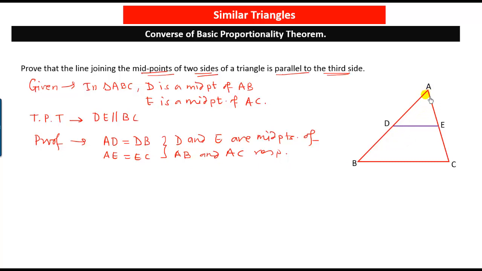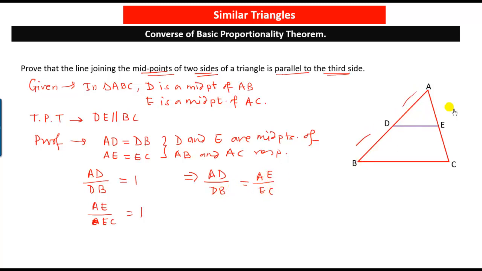If we take the ratio of these two parts, AD upon DB, then that ratio will be equal to 1 because both lengths are equal. Similarly, AE upon EC will also be equal to 1, and since these ratios are equal, AD upon DB is equal to AE upon EC.